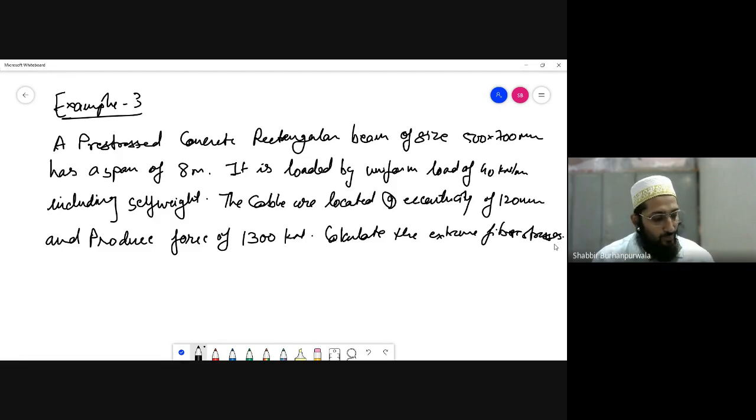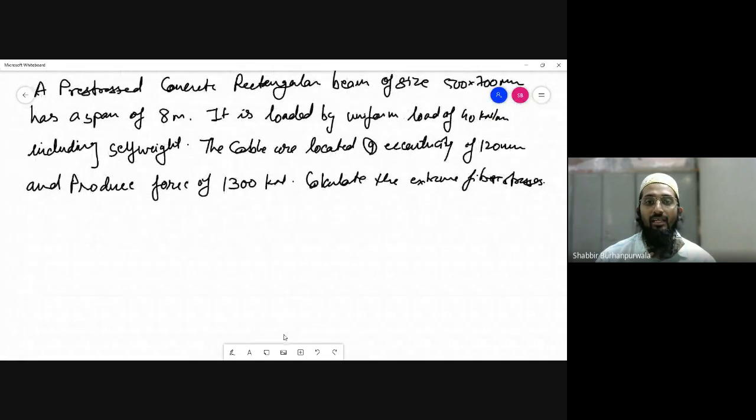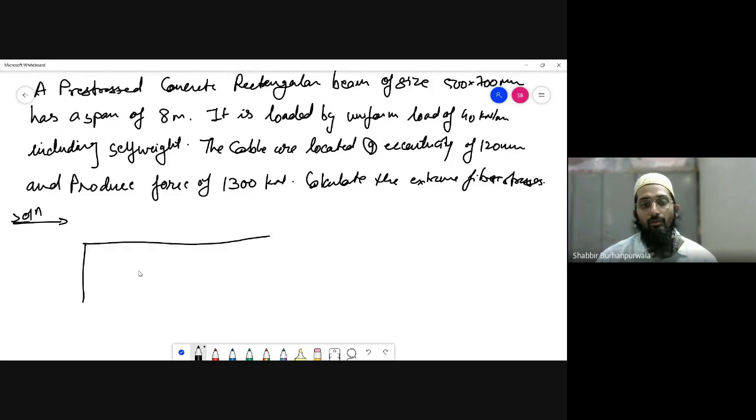Okay, so let us represent everything in diagrammatic format. This is going to be your question. There won't be any diagram or anything provided to you. We have to make the diagram, we have to make everything presentable, so that we can solve this particular problem.